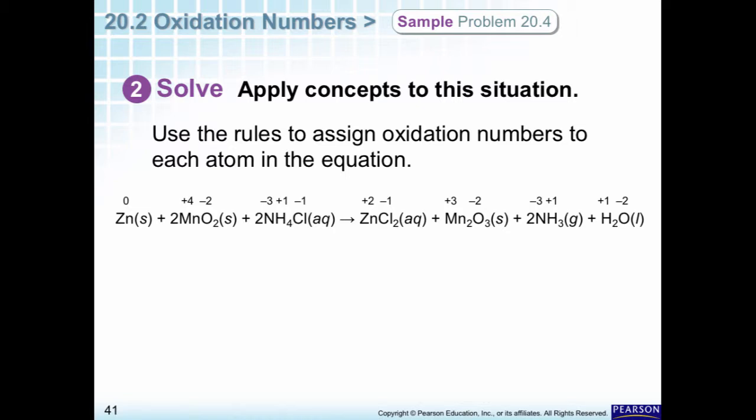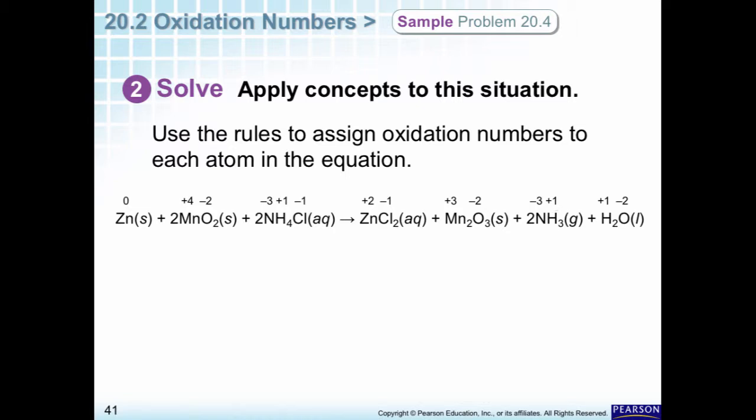So there's 4 of them, and we know that NH4 has a +1 charge if we look on our periodic table. So we know that nitrogen is -3 in this case. Chlorine then would be -1. Zinc and chlorine is -1 because that's an ion, and we know zinc is +2. Oxygen is -2, and so this must be +3.